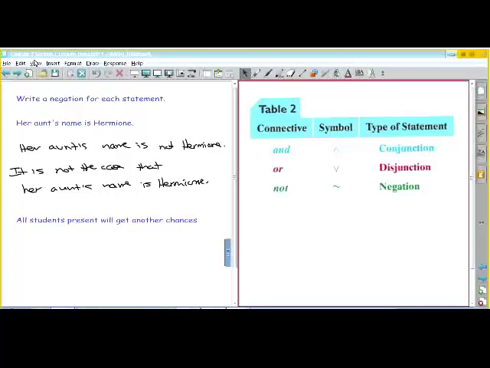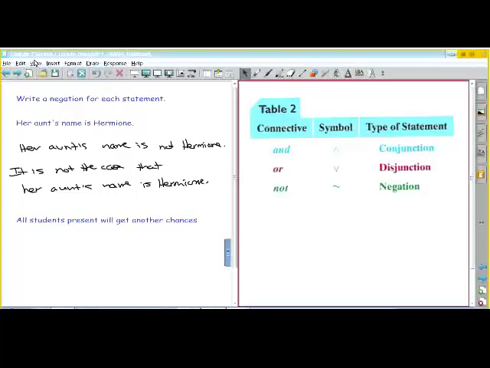They also have special names. A compound statement with two statements connected by an and is called a conjunction. A logic statement connected by an or is a disjunction. And a statement that is negated is called a negation.